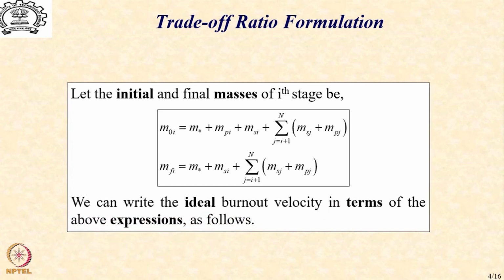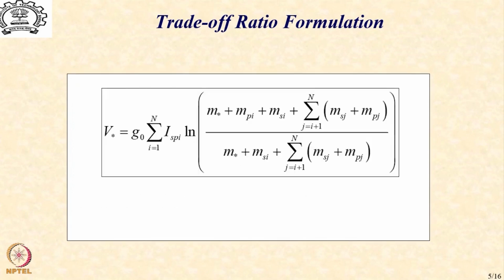Now we can write the ideal burnout velocity in terms of the above expressions as follows. So V star can be expressed as g naught sum over i equal to 1 to n of Isp_i ln, and now I open up the expression for m naught i and mfi.